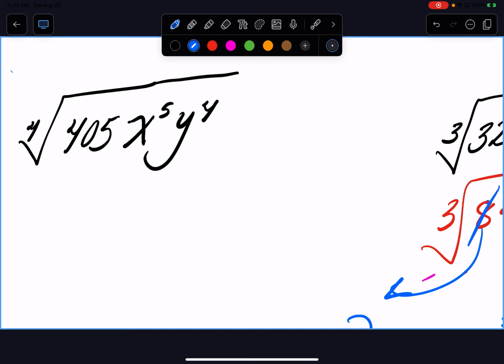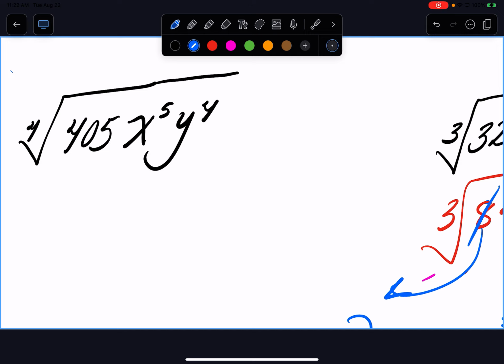It'd actually be 81. What's 4? No decimals, 81.